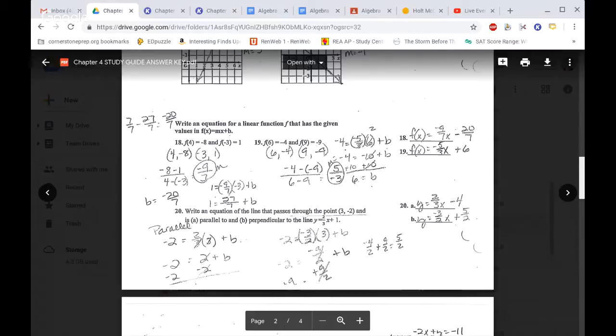My calculator is saying something different. I don't know if I plugged it in wrong, but I keep plugging it in. What do you get? I got negative 15 over 7. When you multiply negative 9 times the negative 3, you get a positive 27.